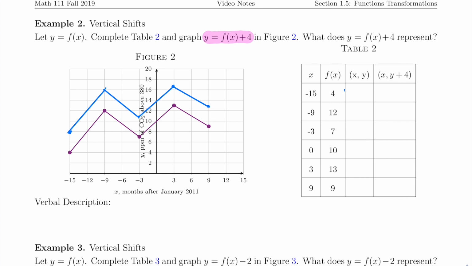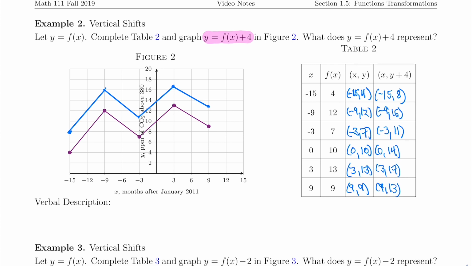So the first point would be negative 15, 4. And what happens to that point is that our y value gets 4 added. The x stays the same, so negative 15, and then we add 4 to our y value. We can now do the same thing with all the other points. I invite you to fill them out as well to start practicing.